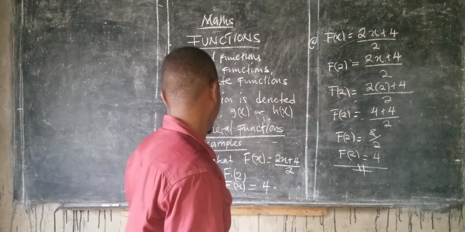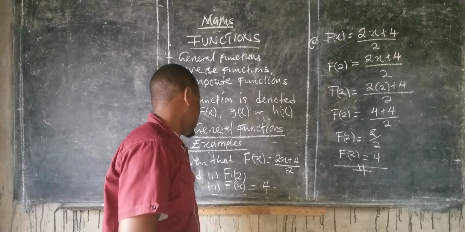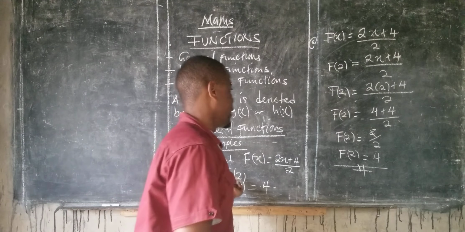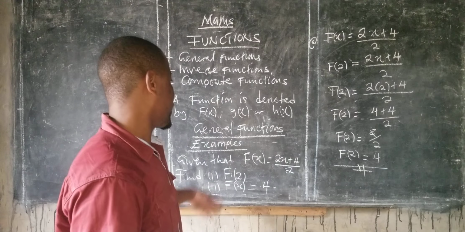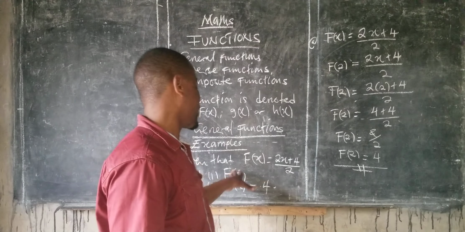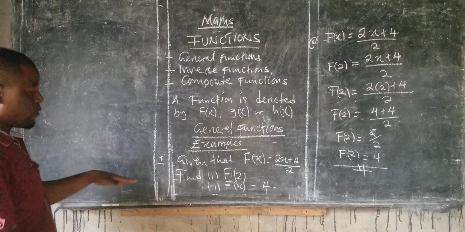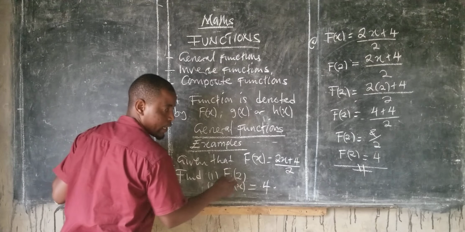Let's do the last one. This is how we calculate a general function: where there is x, replace it with the actual number given. Now this number 2 is different, so we solve it like an equation.